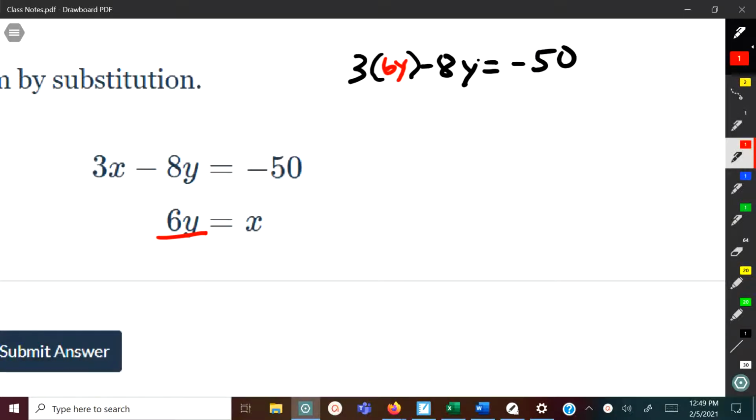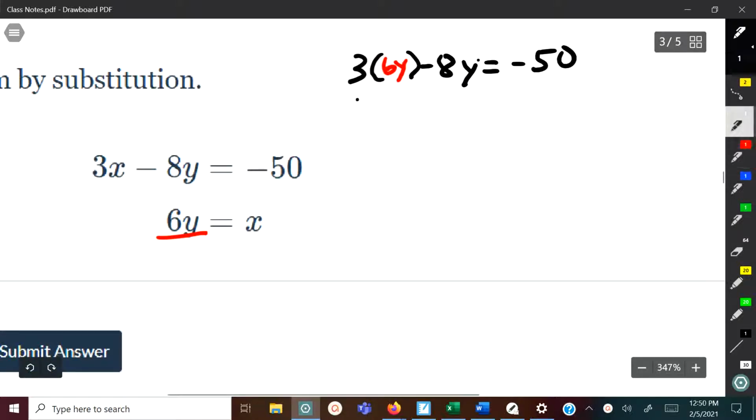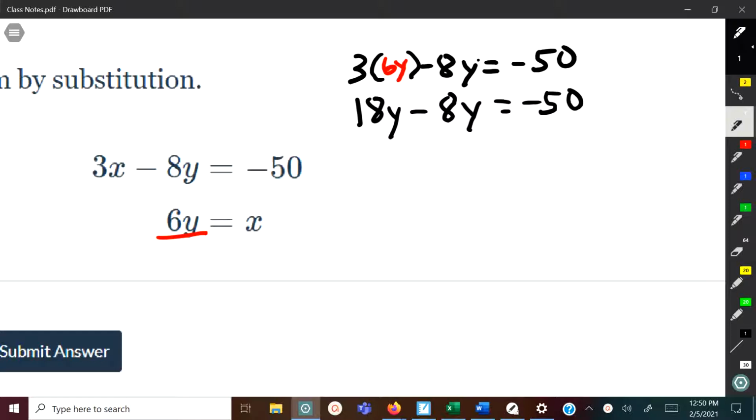So I have 3 times 6, which is 18. 18y minus 8y is equal to negative 50. And then do 18 minus 8, which is 10.